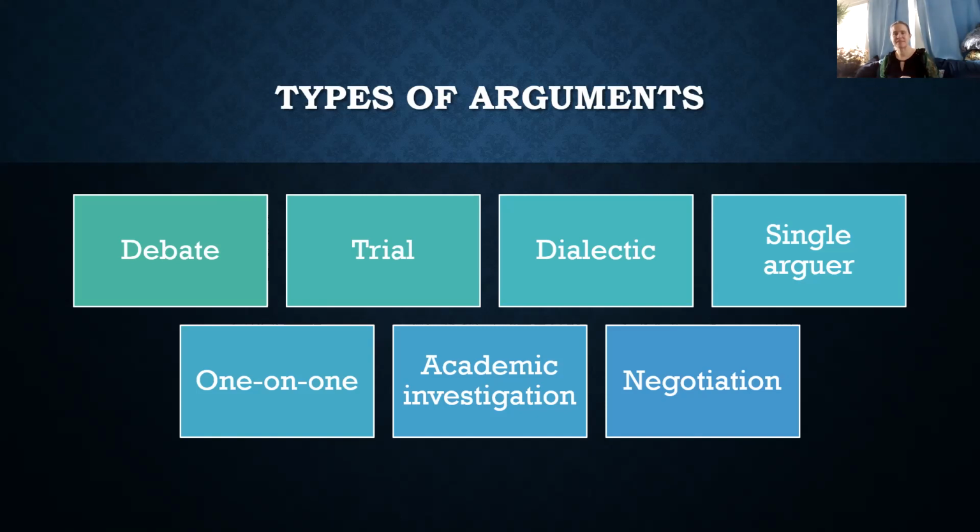Your next one, the dialect argument, is one that, again, has two sides. The opposing views are considered during this type of argument. In the process, questions are raised to test the strength of the opposition. In addition to this, there's an attempt to establish what is known as common ground within the argument.